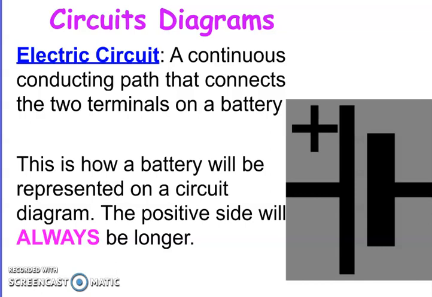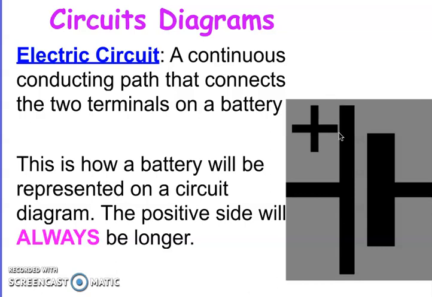A circuit is any continuous conducting path that connects the two terminals of a battery. We're going to draw diagrams to represent what we're going to construct virtually in the lab or in person. This is how a battery will always be drawn: two uneven parallel lines. It's really important that they're uneven, because there is another circuit element that has even parallel lines.